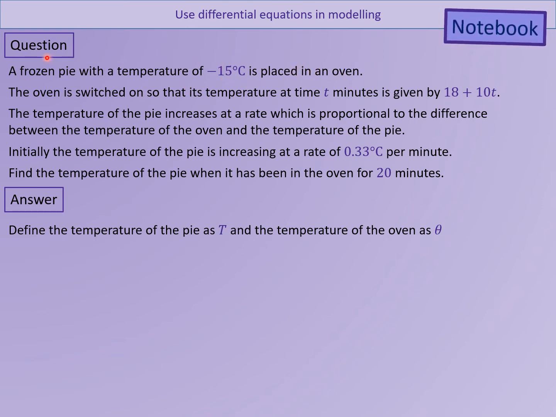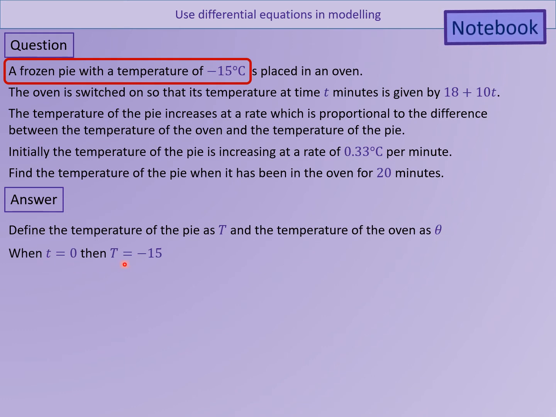What it's saying there is that initially the frozen pie has a temperature of minus 15 degrees Celsius. So I'm going to write that one down first of all: when t equals 0, the temperature is minus 15 degrees Celsius. That's the temperature of the pie, so there we go. When t equals 0, then capital T equals minus 15. I'm unlikely to use that straight away.